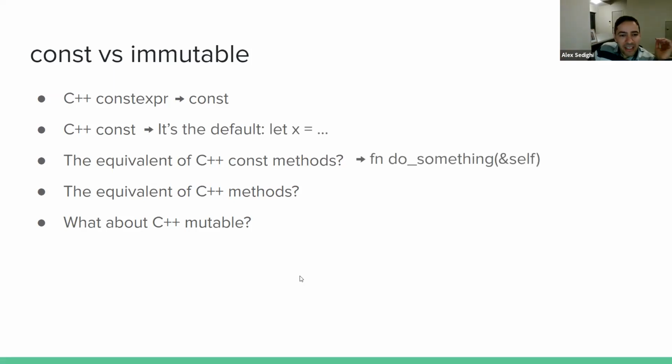The equivalent of a C++ const method is, again, any function that is having &self instead of &mut self. This means that that function is const.